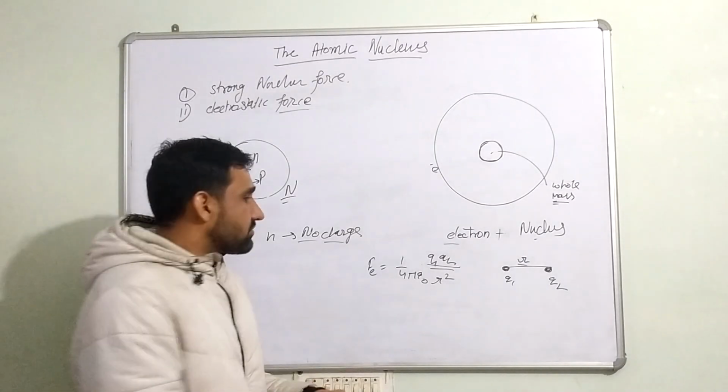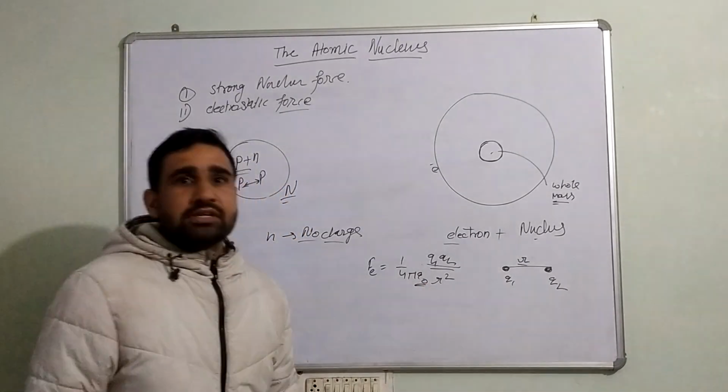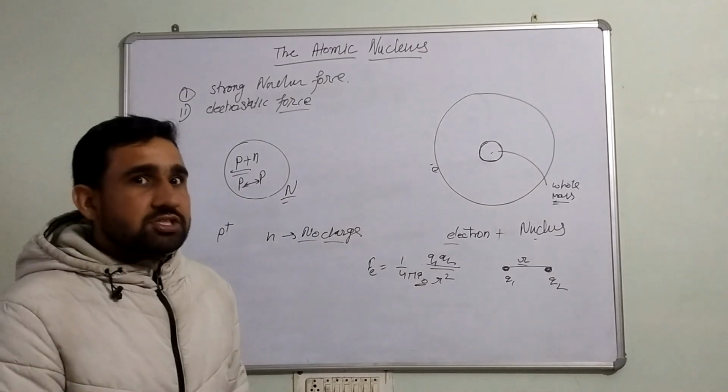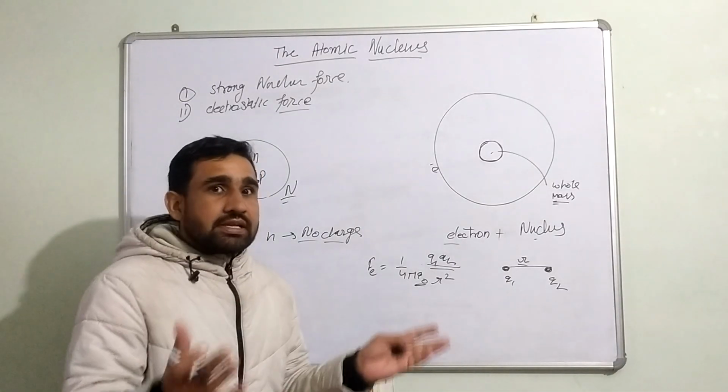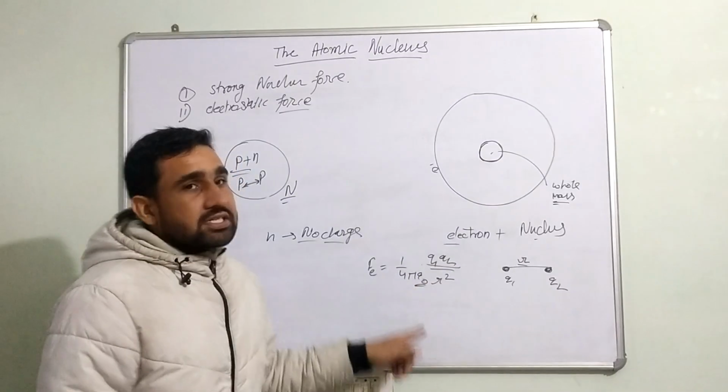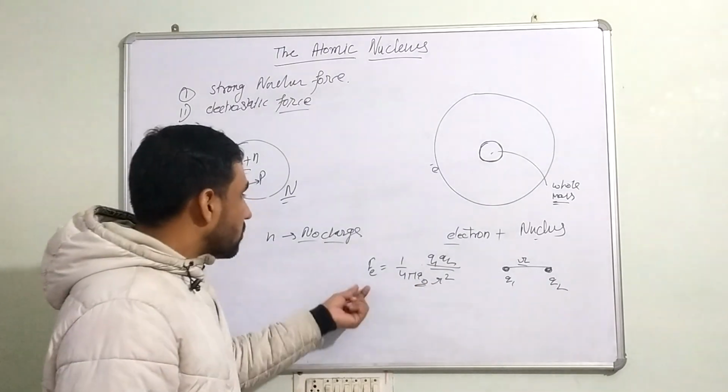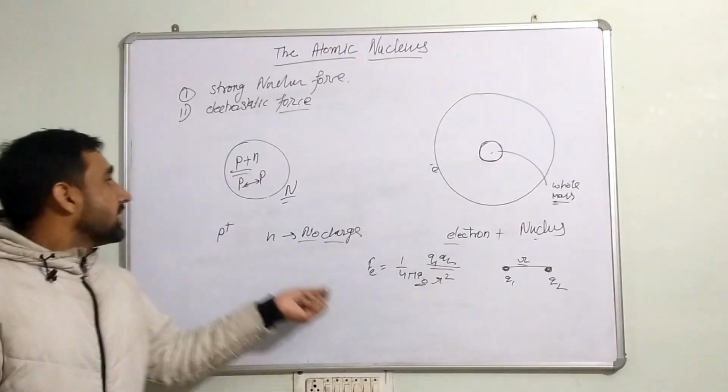But the question comes, what is epsilon naught? Epsilon naught is the permittivity of free space. If there is a material medium, then the permittivity changes to that of the material. So that is the electrostatic force.